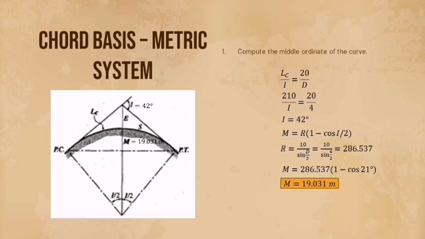So middle ordinate equals radius times 1 minus cos of I, the angle of intersection over 2. To get the radius in this chord basis metric system, the formula is very different. So this is the formula: radius equals 10 over sin of degree over 2.